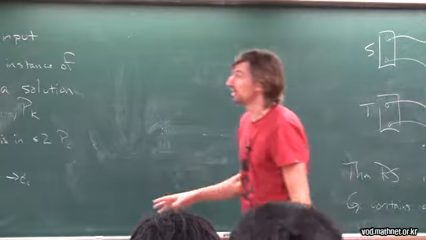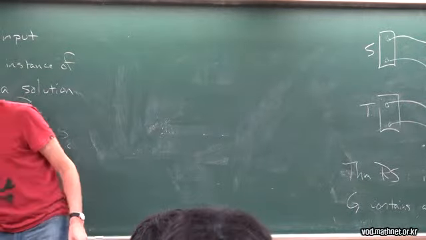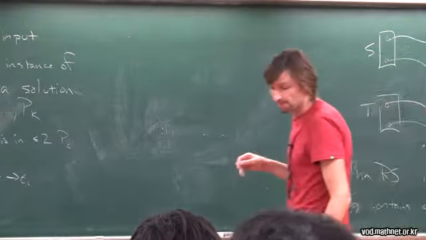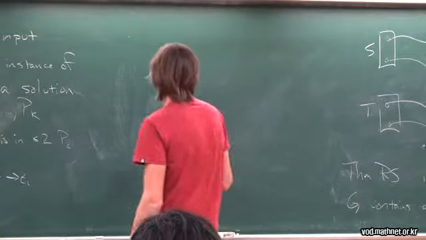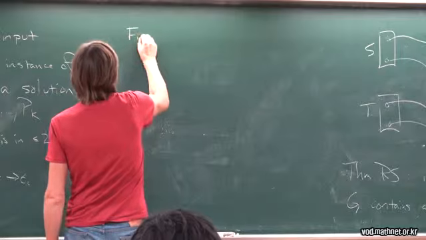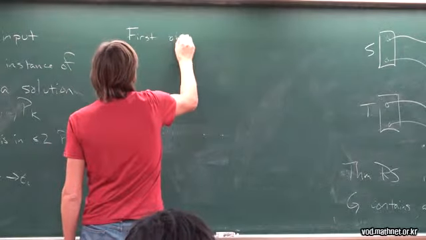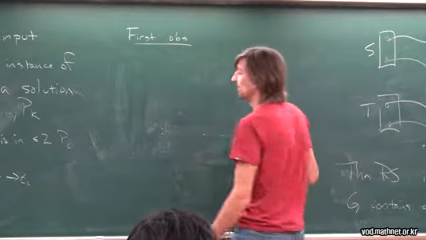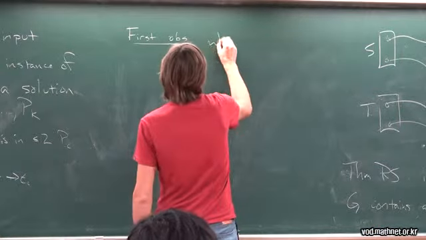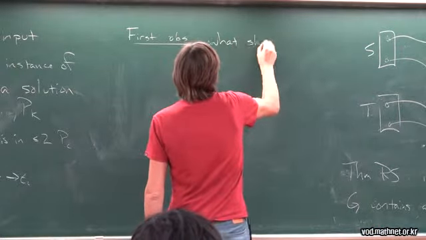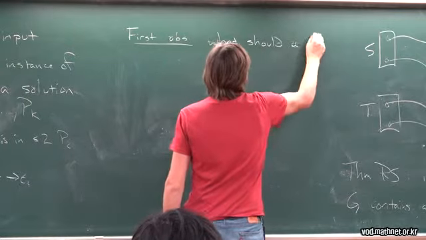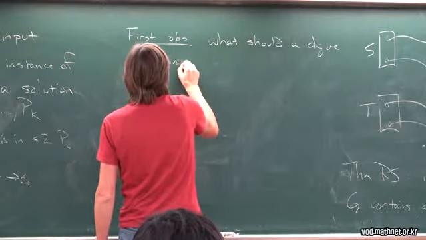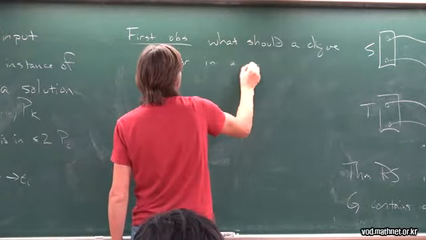Okay, so this was the undirected case. Now what happens when I'm looking at digraphs? So first observation, well, question: what do we want to use for a clique minor in a digraph?